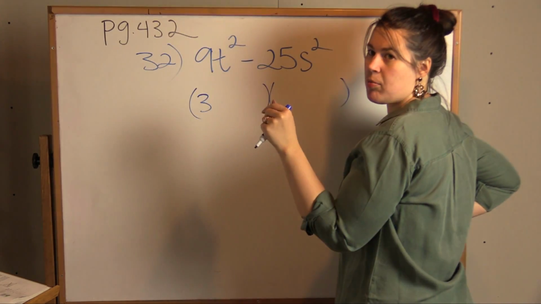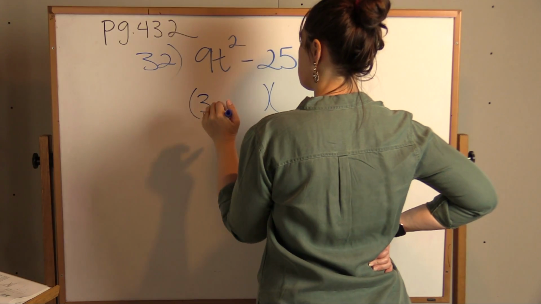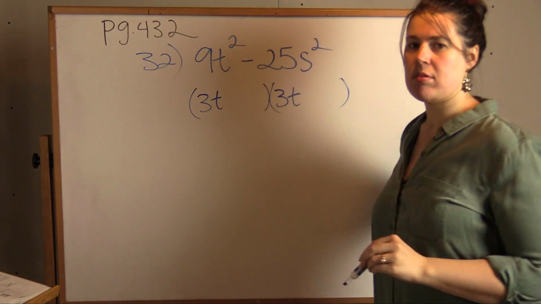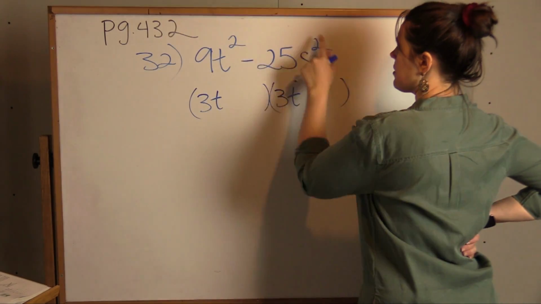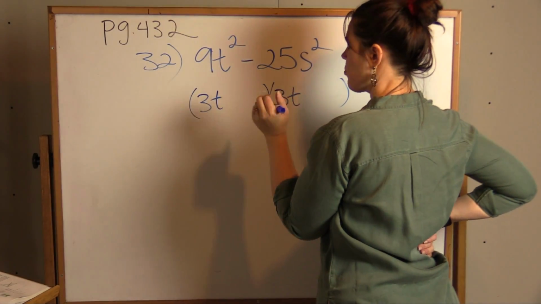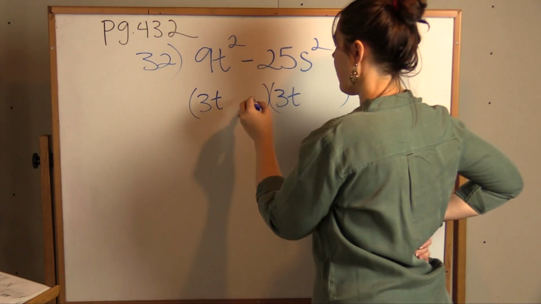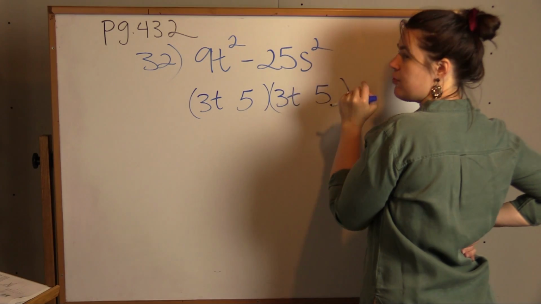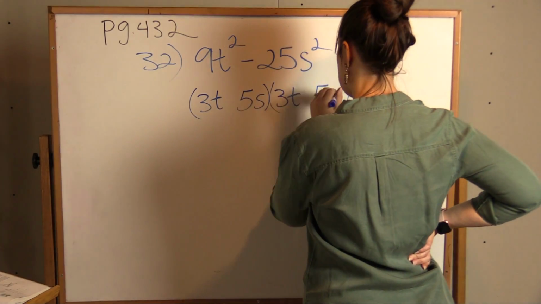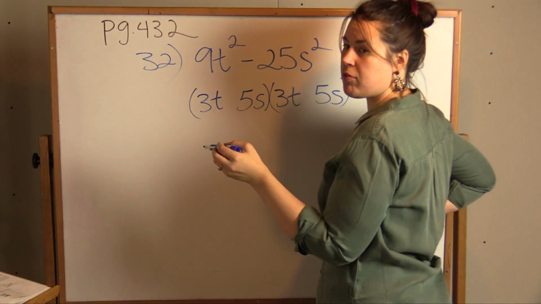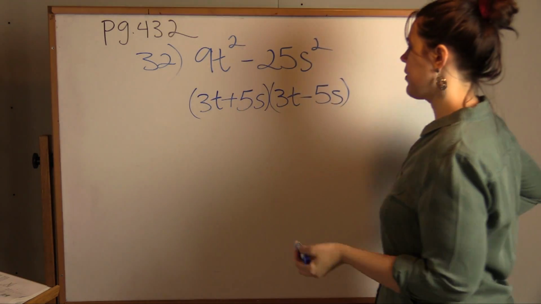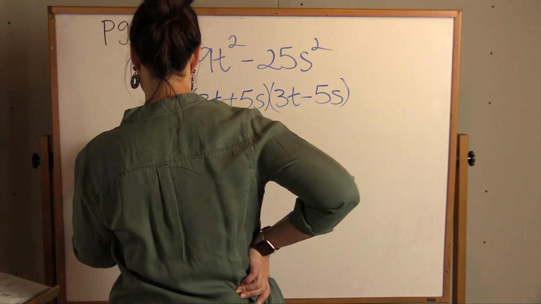To do it for the variable, you divide it by 2. So 2 divided by 2 is 1, so 1t. And you write that twice. Then take the second term. The square root of 25 is 5. 5 times 5 is 25. Then s squared, 2 divided by 2 is 1, so 1s. Then to finish it off, 1 gets a plus, 1 gets a minus. All right, 34.